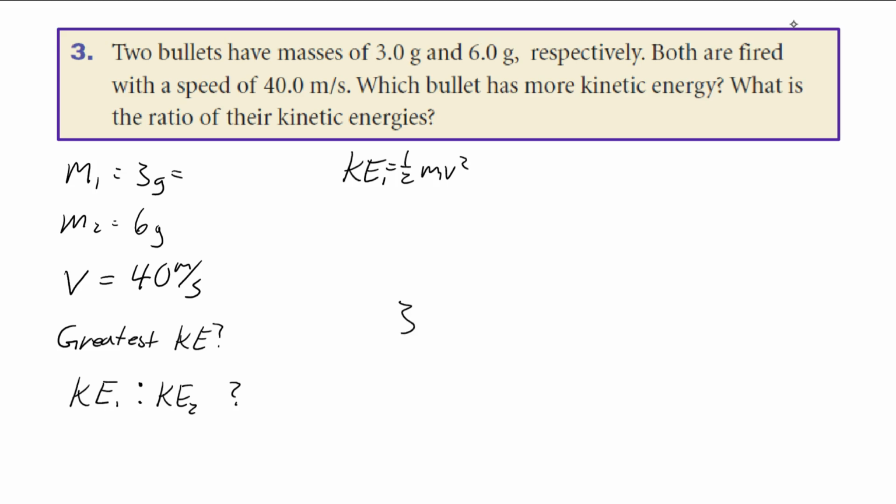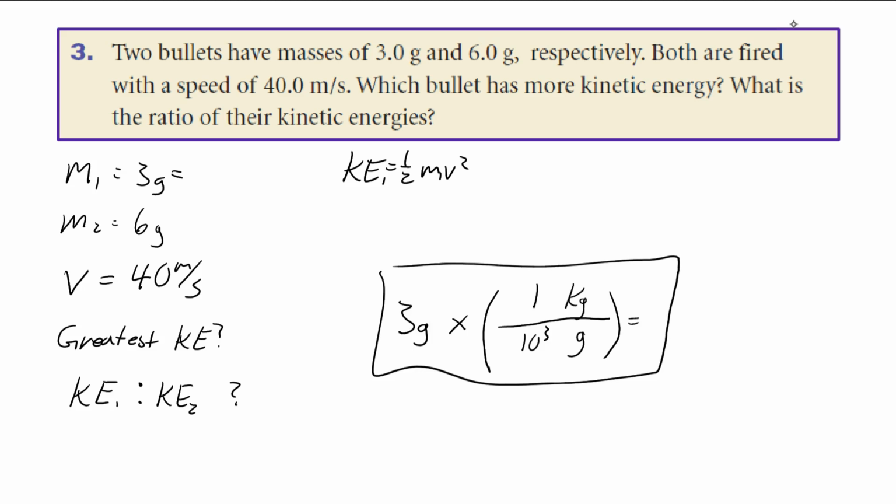It's 3 grams, and we want to put it into kilograms. So you set up your conversion factor. We want grams on the bottom so that they cancel out. They have to be on opposite sides of the division line. And then we want to go into kilograms. You look in your reference table, and it tells you that 1 kilogram is equal to 10 to the third grams.